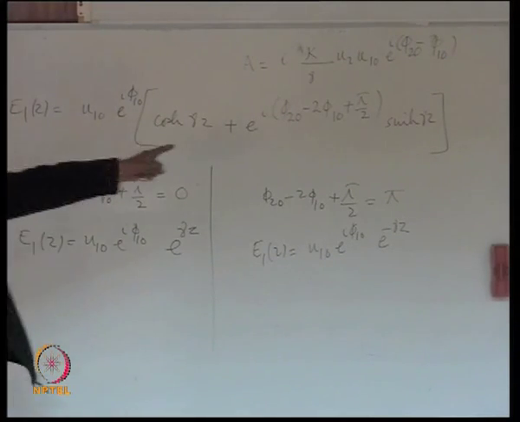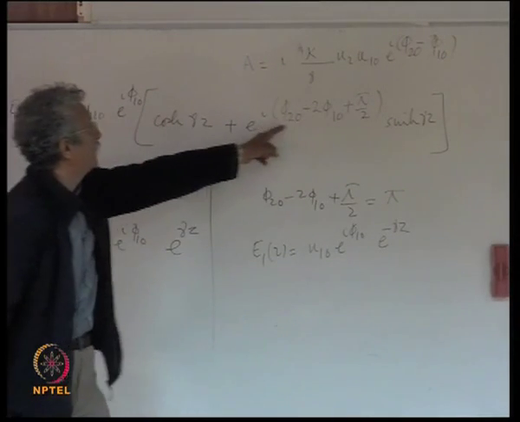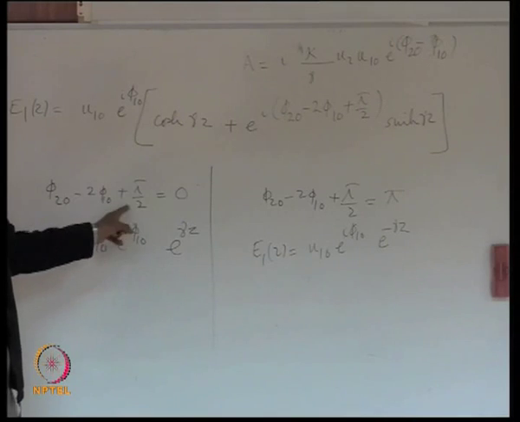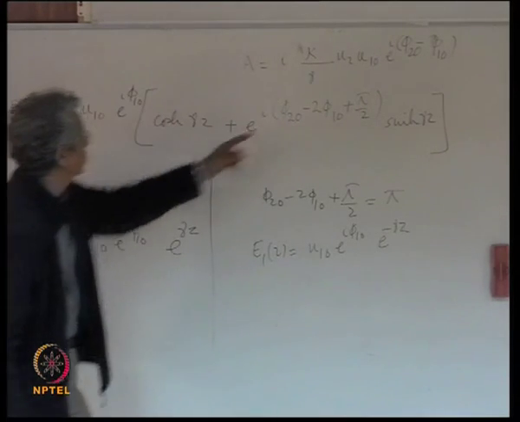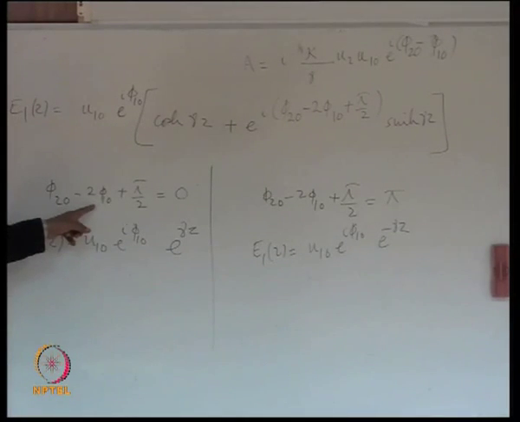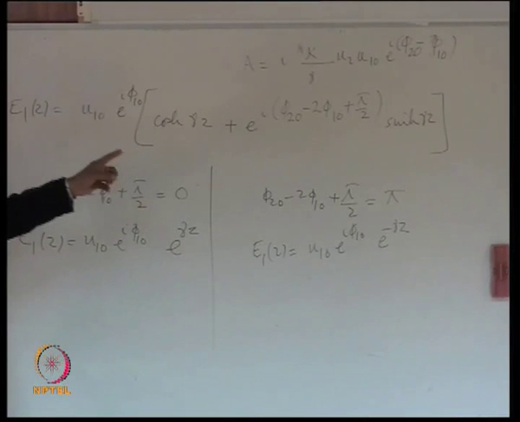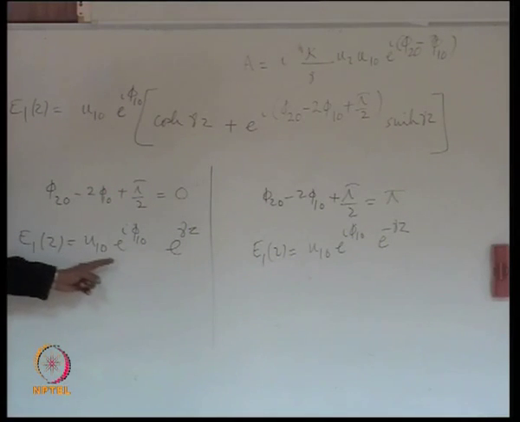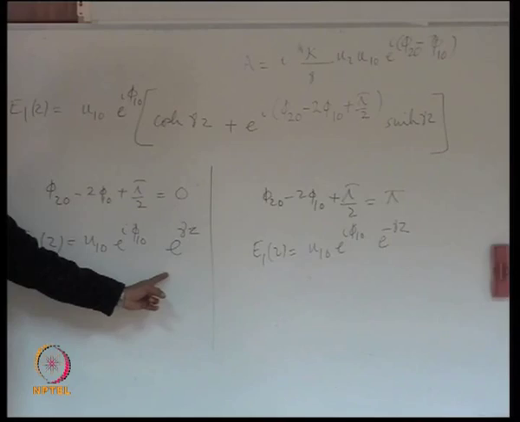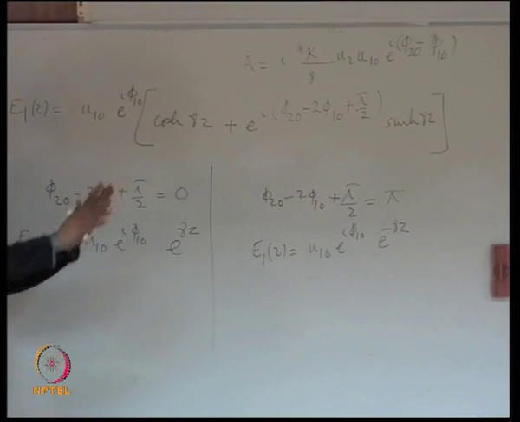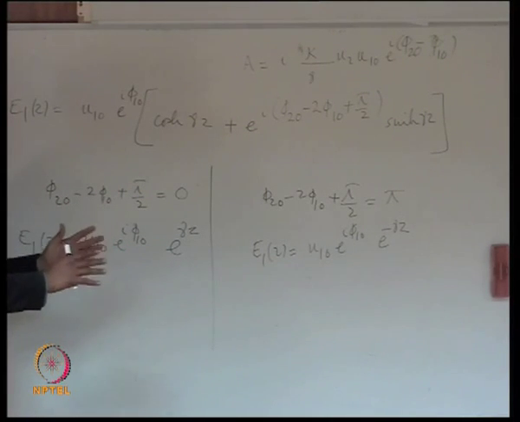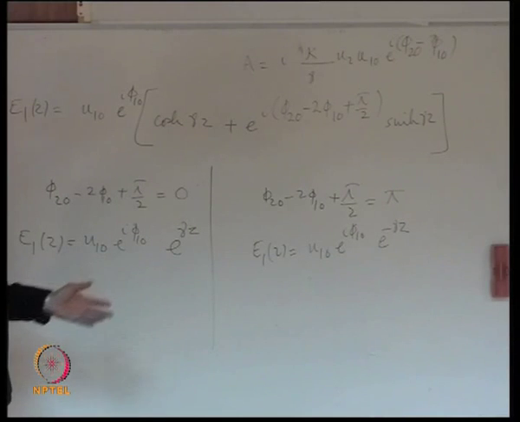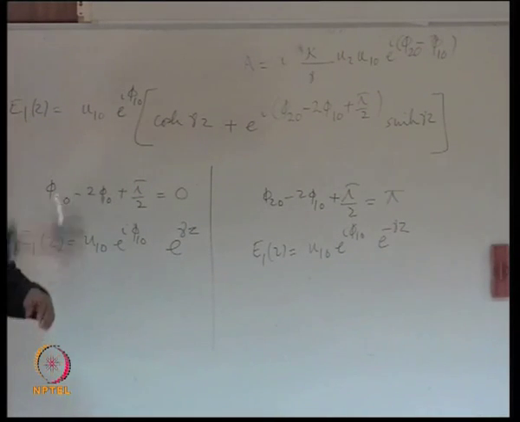If I choose this exponential factor, this phase, to be minus pi by 2, so this is 0, that is phi 2 0 minus 2 phi 1 0 is minus pi by 2, then the fundamental wave grows exponentially. This is assuming no pump depletion. That means I'm solving the equation assuming E2 is a constant. So there is an exponential growth, but you cannot extend this to large values of z.